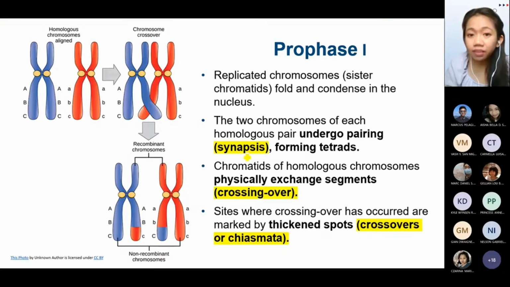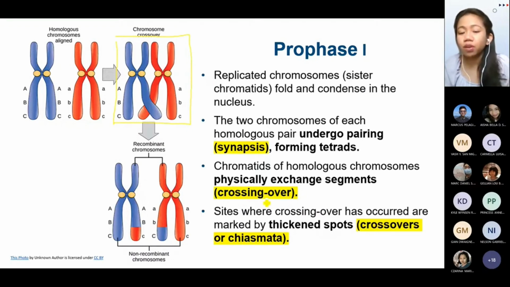Once you already have a tetrad, they will exchange segments in a process called crossing over. Under the microscope, these are quite visible. Once tapos na yung crossing over event, the exchange spots are more thickened under the microscope, and yun yung tinatawag na chiasmata. Yung nagpalit ng kulay sa ating diagram.